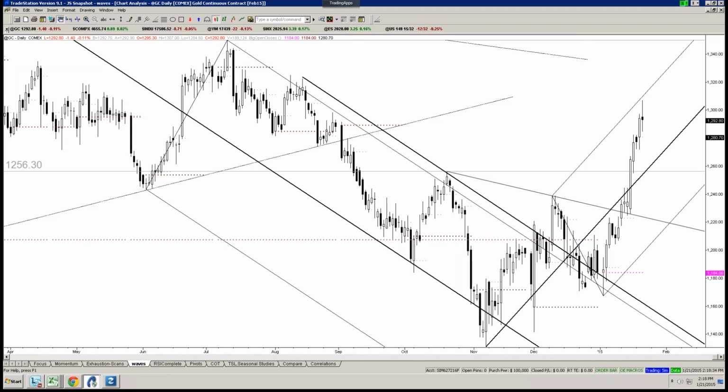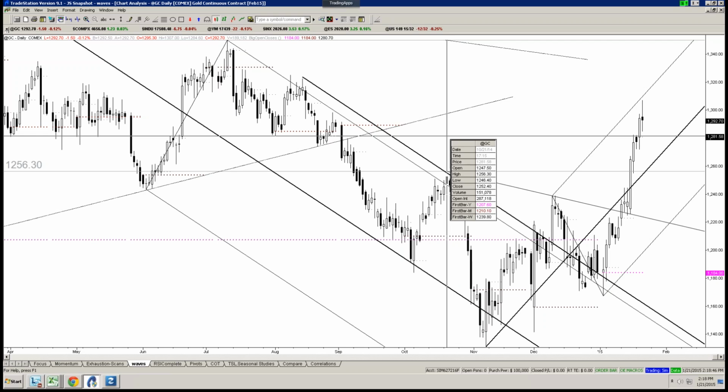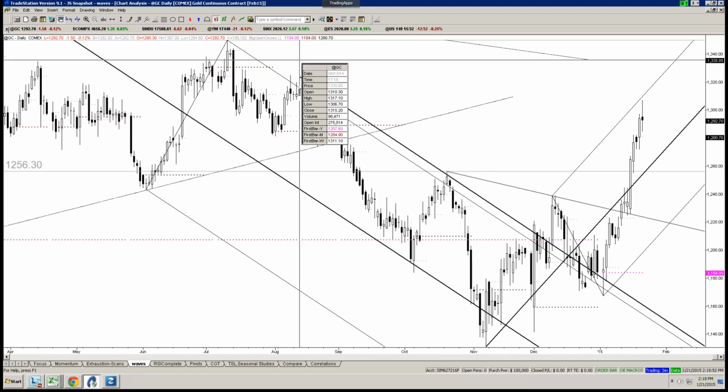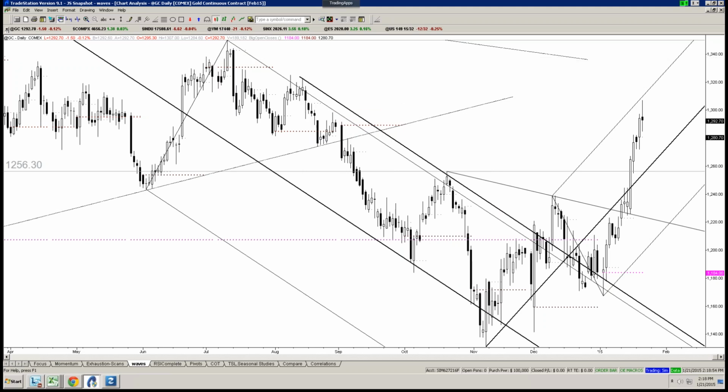Again, I'm steering clear of euro for right now. I think we're going to have some really good opportunities as we get into tomorrow and after tomorrow. Once we get this ECB out of the way, we may set the stage for a bigger rip.